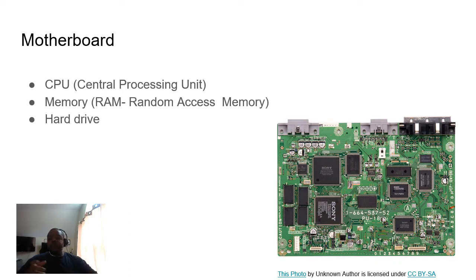Whenever you make a Word document, it's not going to be stored in your RAM. It'll be stored elsewhere, and we'll get to that in a minute. But your RAM is going to be there for short-term memory only, and whenever the power is cut from your PC, your RAM is cleared, it's cached out. So just keep that in mind.